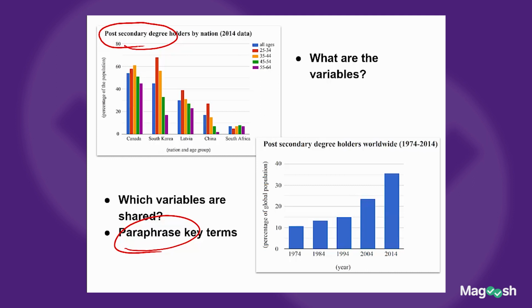The word nation in the first visual would be another one to paraphrase with a replacement like country. Degree holders could be described as graduates. Anything you can do to modify, change, even if you're just modifying the form of a word that you see in your visuals from your Task 1 prompts, you should do so. That can really help you to boost your score on your response.